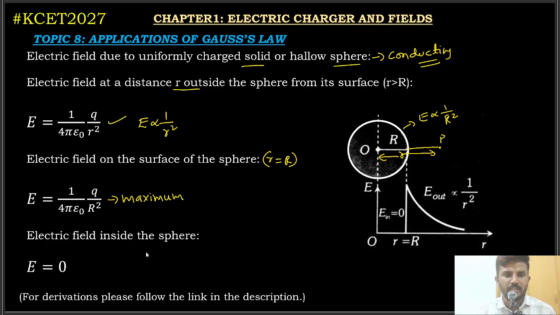And inside, the charge enclosed inside the surface will be 0, because whenever you give charge to the sphere, the electric charge resides on its surface, since it is a conducting sphere.